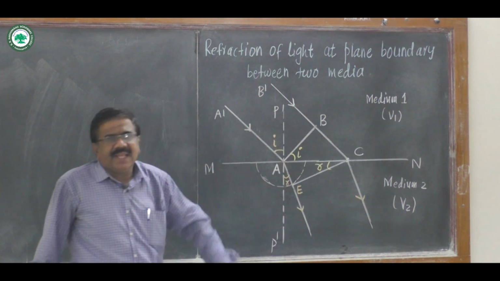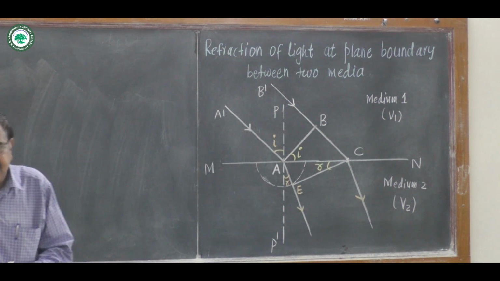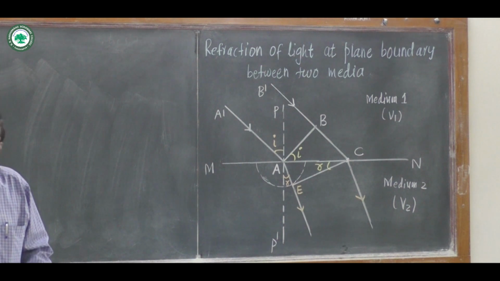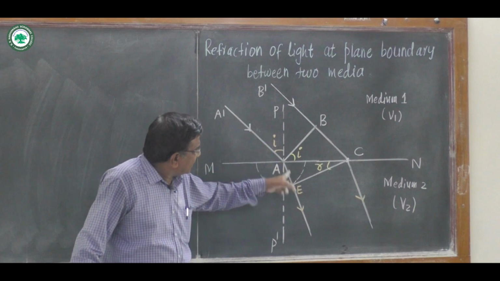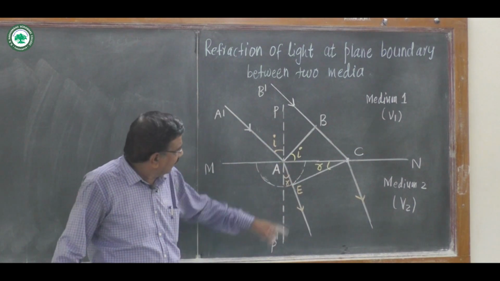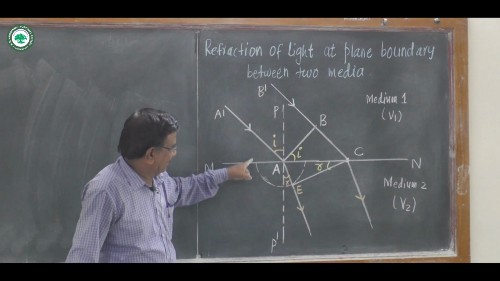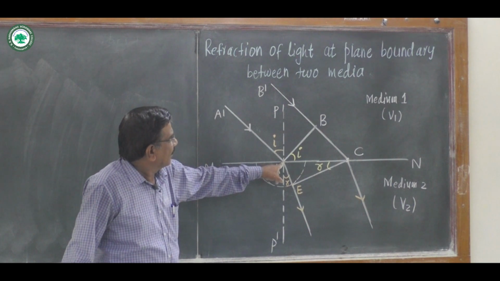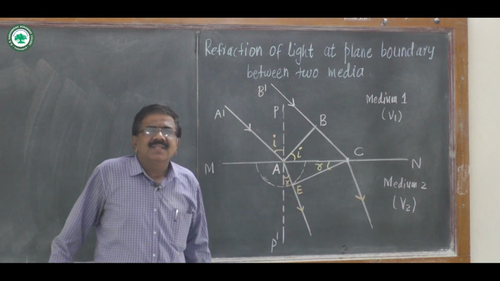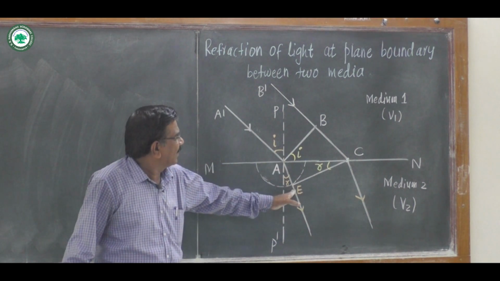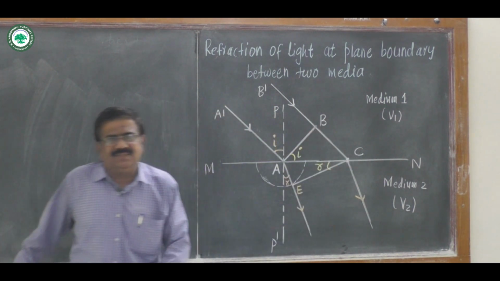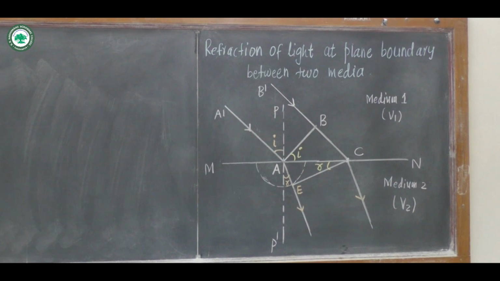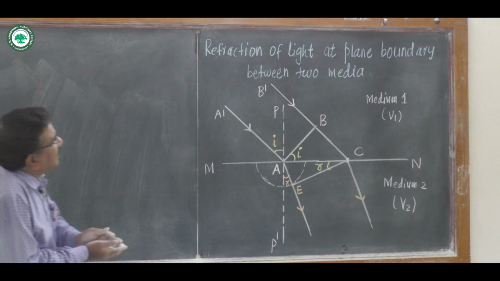And this point A, according to Huygens principle, becomes a secondary source of light and emits secondary wavelets in the form of hemispheres. Suppose light from B to C takes time t.